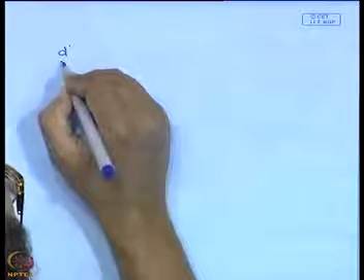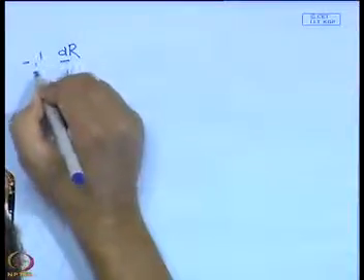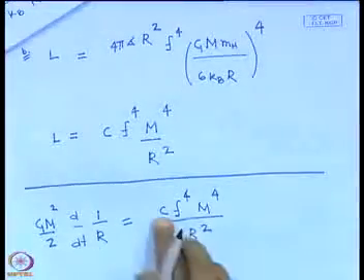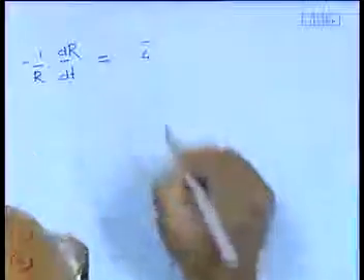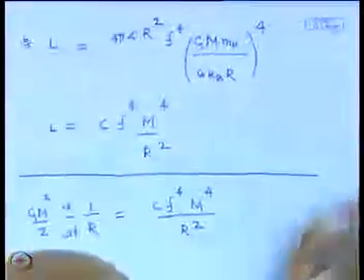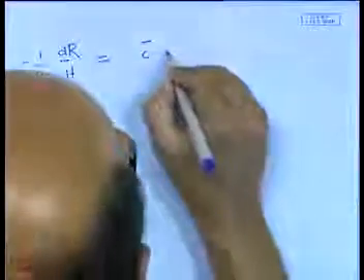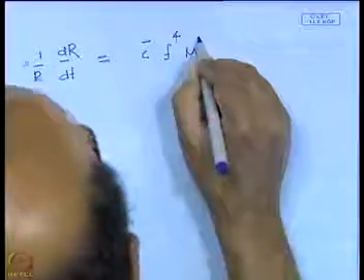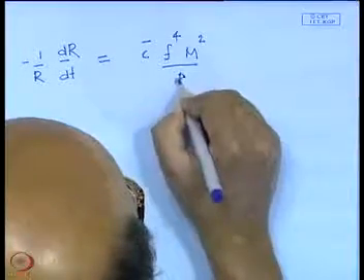d by dt of r minus 1 by r square is equal to, so this was c, let us call it c bar. This is equal to c bar, and we now have m squared over here, f to the power 4 m squared by r squared.